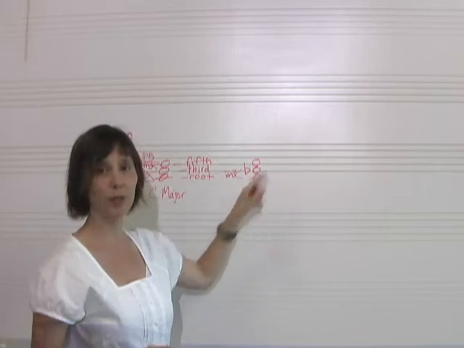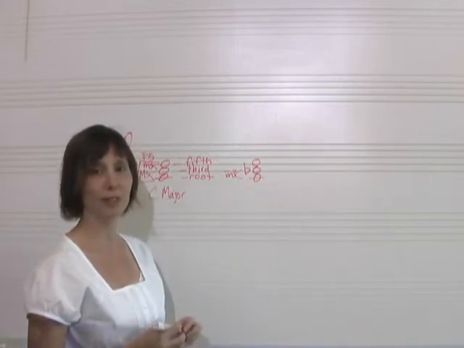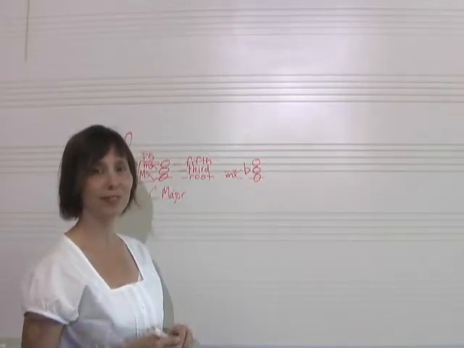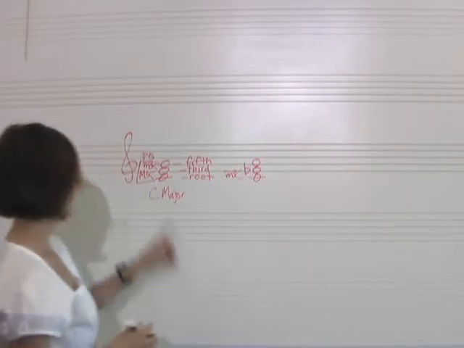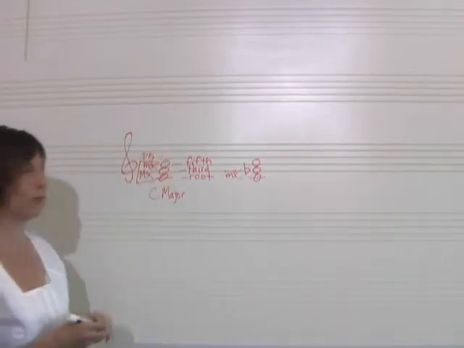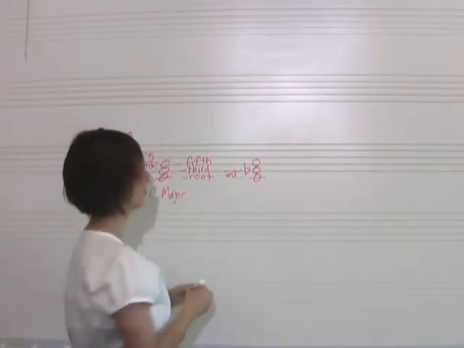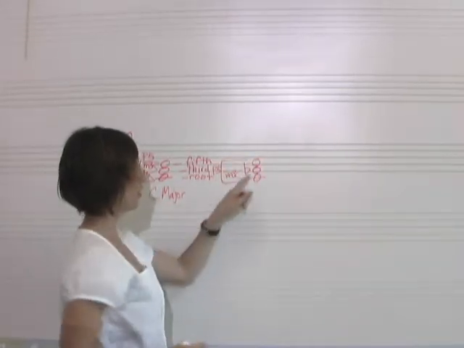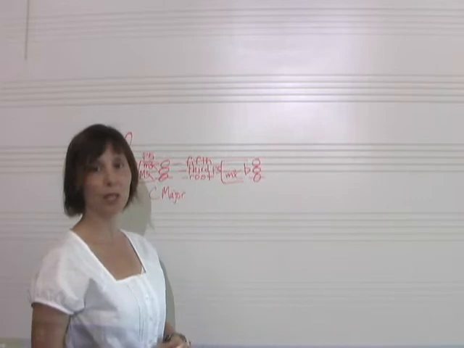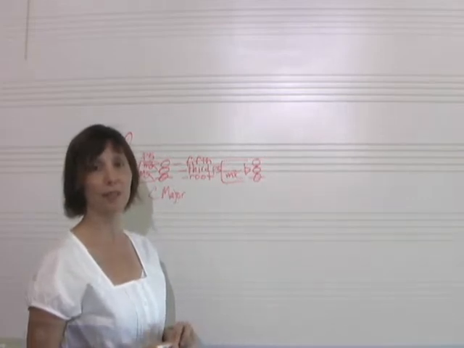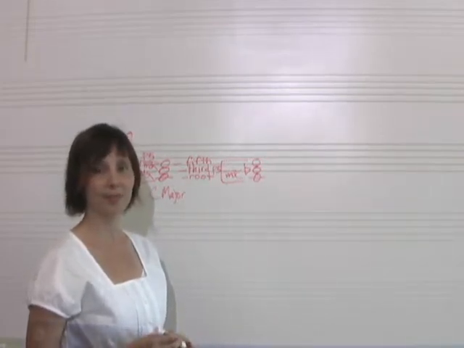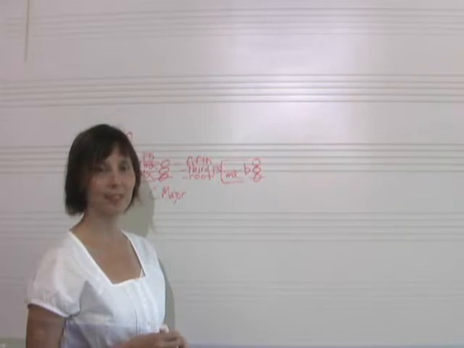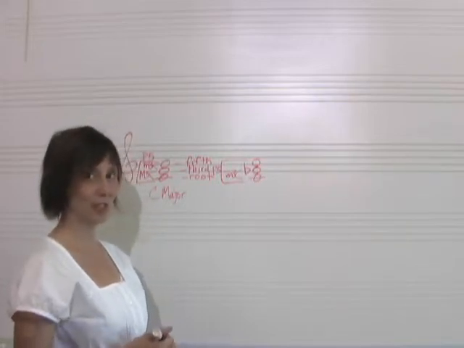And what kind of fifth do I have from the root to the fifth? Well, it's still the same, right? It's still a perfect fifth because we didn't change that note. And from the third to the fifth, what kind of third is that? It's a major third.